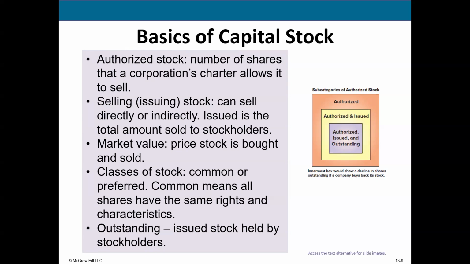They're available for sale when they're issued. The shares of stock are issued at what we call market value. So when you purchase a share of stock on the stock exchange, you're purchasing it at its market value. It's what it's worth today in the open market.